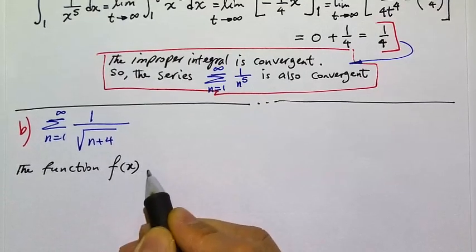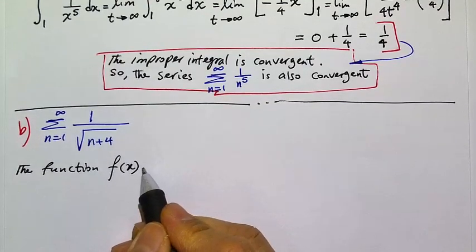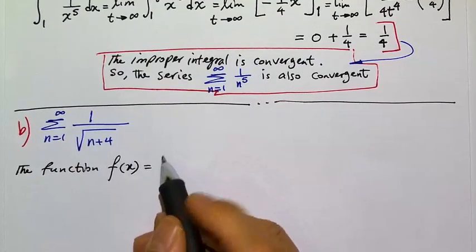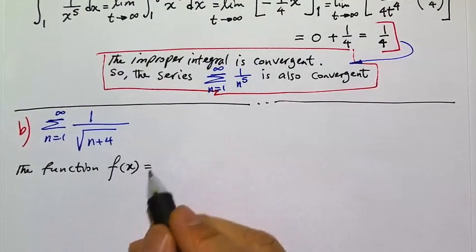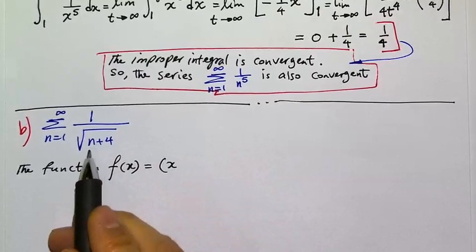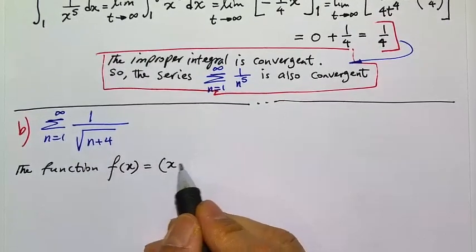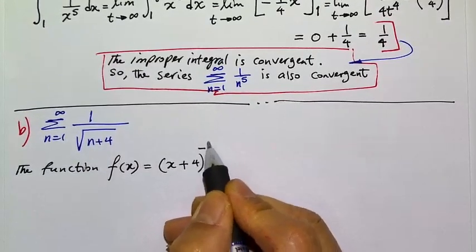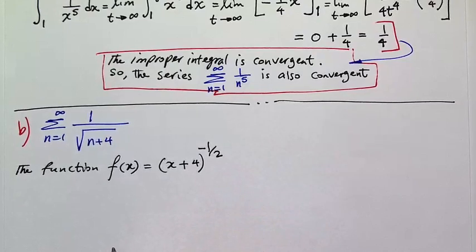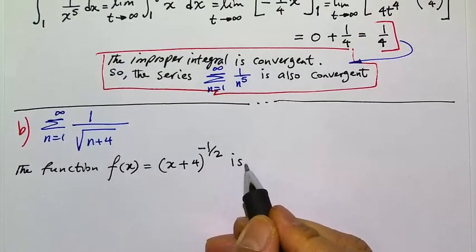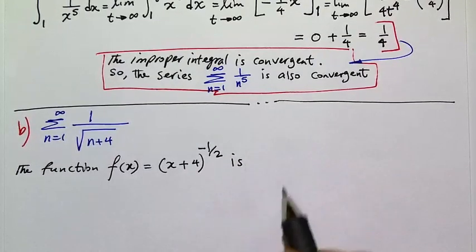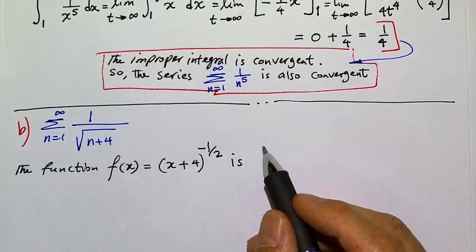So the function f of x, substituting for n with x, equals x plus 4 to the minus 1/2 power, is continuous.